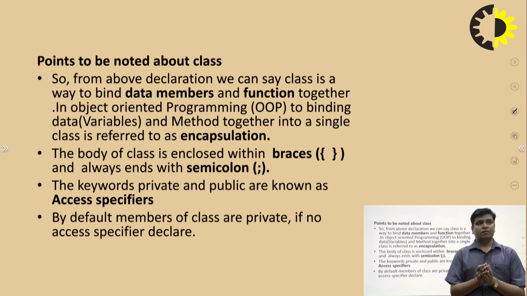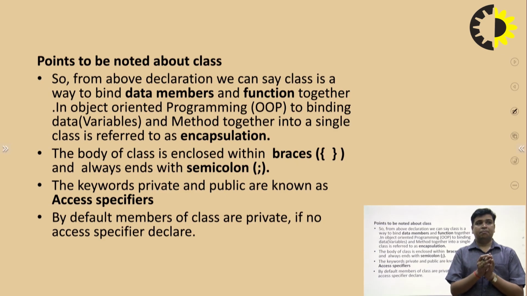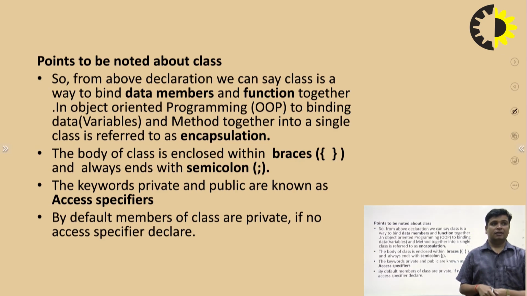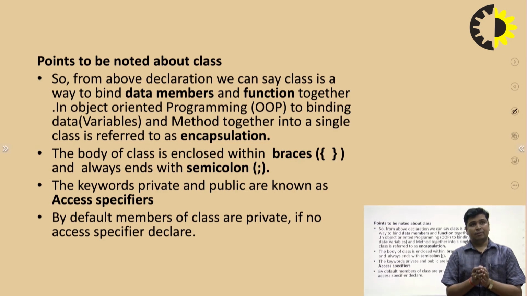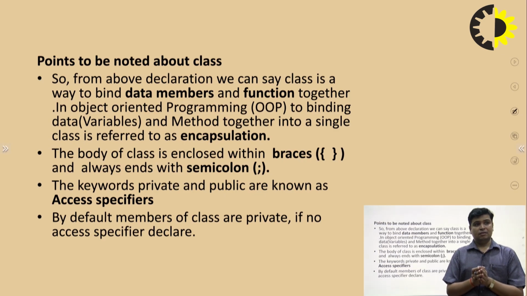In object oriented programming, binding the data and methods together into a single unit is called encapsulation, and this is one property of object oriented programming languages. Second, the body of the class is enclosed within braces, and in C++ always, do not ignore, end the class with a semicolon.